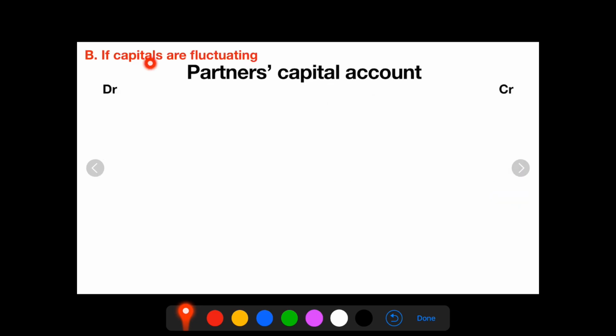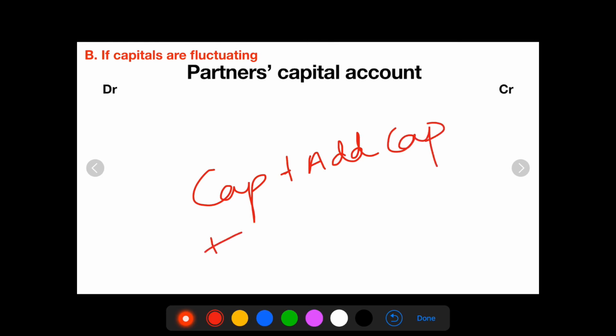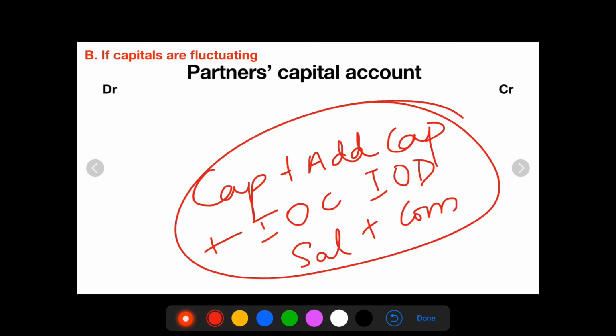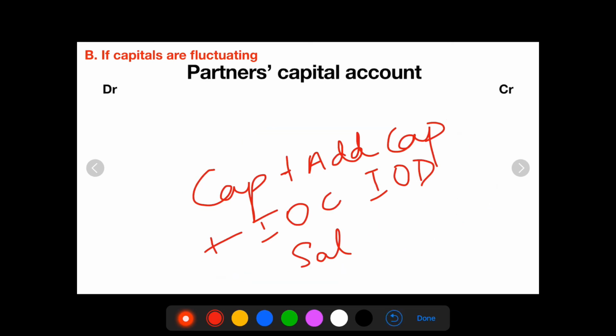The second one, the capitals are fluctuating. So in the pro forma we learned that we have only one account, that is partners capital account, and all transactions including your capital, plus any additional capital, and if there is any interest on capital, interest on drawings, if there is any salary, and if there is any commission, all these things will be recorded in partners capital account.